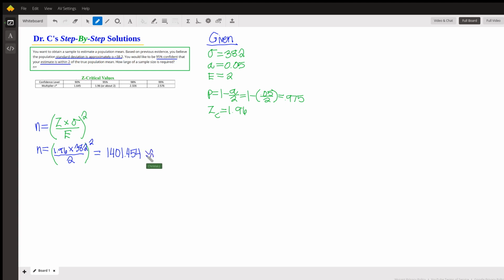So that means we have to round it. So essentially your sample size that's necessary and needed is 1402. You essentially would round up your answer for accuracy and relay it back to the question. So in order to conduct whatever we're trying to conduct, this is a really broad question, you essentially need a sample size of 1402. Okay?